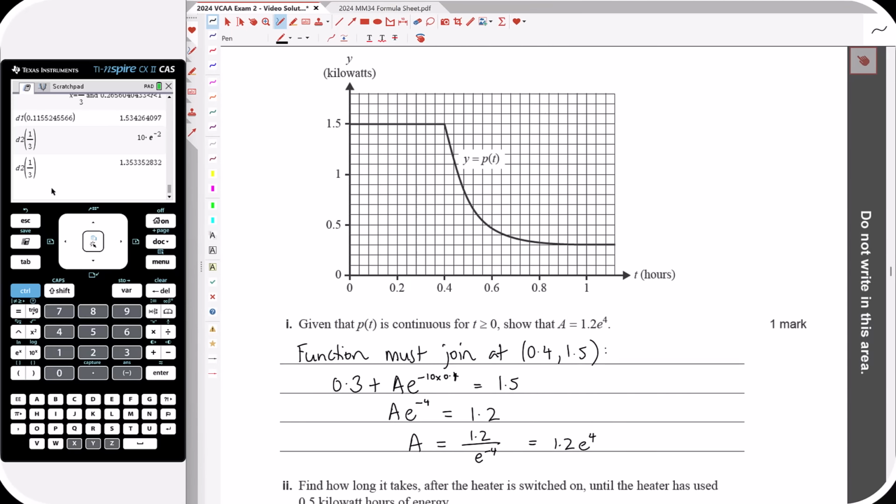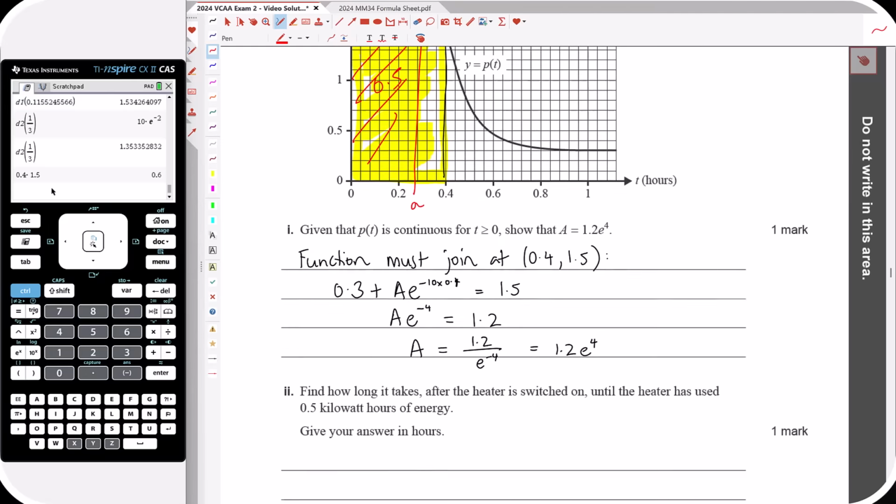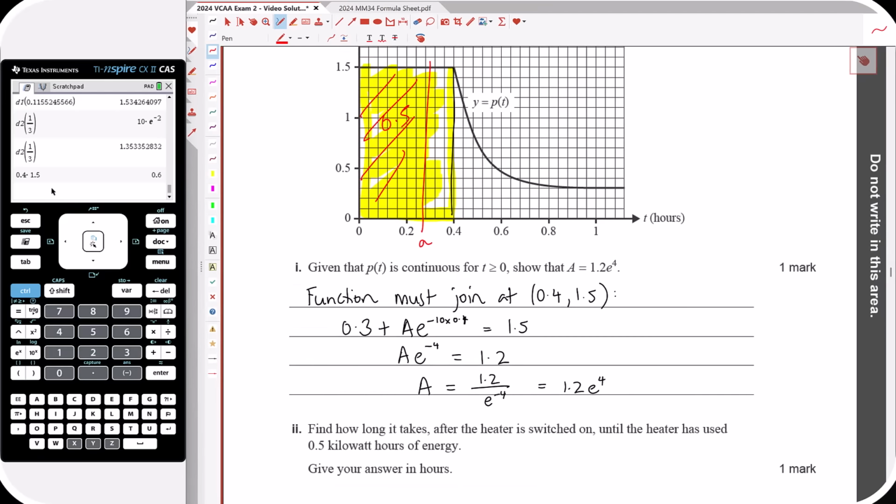Now, obviously, if we use a different color so you can see where I'm drawing, if we just think about this first part of the function here, that total area under there is going to be 0.4 times 1.5, which is more than 0.5. So therefore, if we want to use 0.5 kilowatt hours of energy, we need to think about what that number there is. So we can just use a different letter.